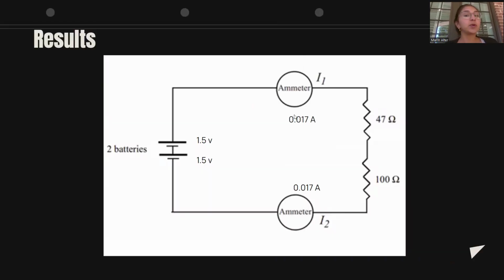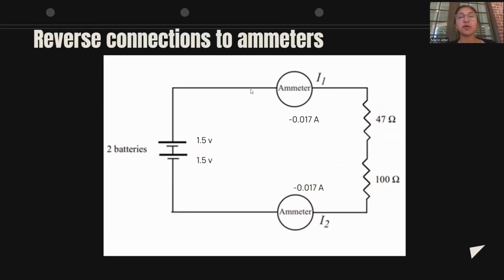And when we actually did it, we got 0.017 amps, which is similar, not exactly, because the batteries could be not as fully charged, there's resistance that we didn't account for in the wires. And so if we did the reverse connection to the ammeters, that would just flip the signs of the amperage.